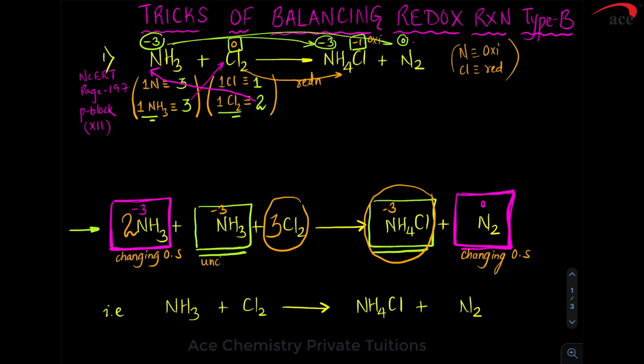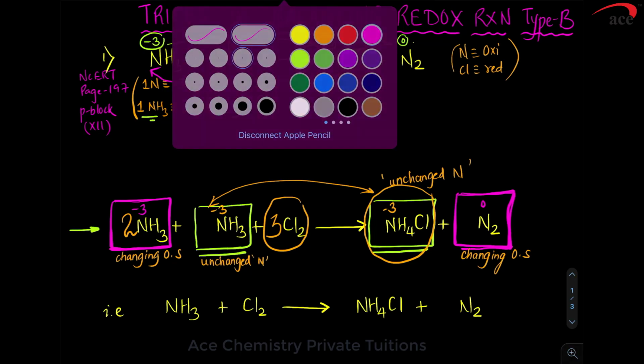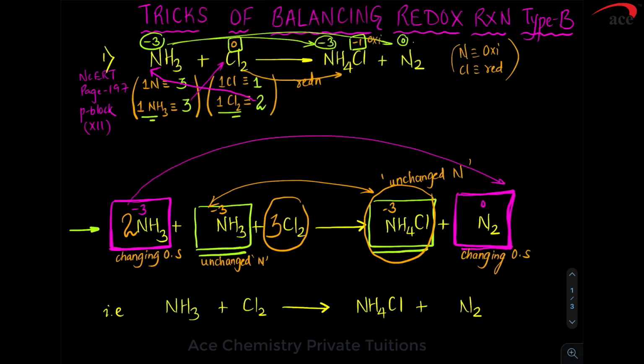I'll call this nitrogen unchanged, and this also unchanged nitrogen. Remember, the balancing of these two are associated with each other, and the balancing of these two is associated with each other.